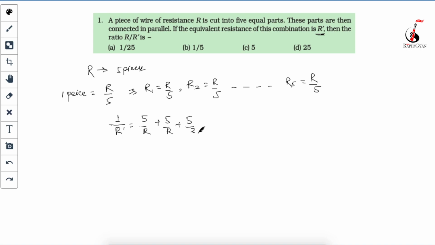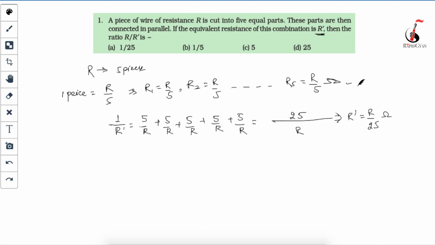So I will just write 5 upon R, then again 5 upon R, and then again 5 upon R. Let's solve this. What will you get? You will get LCM R, and this 5 will be added 5 times, so this will become 25 upon R. So 1 upon R dash is equal to 25 upon R. So what will be the value of R dash? R dash will become R upon 25 ohm. Hope you guys understand this.